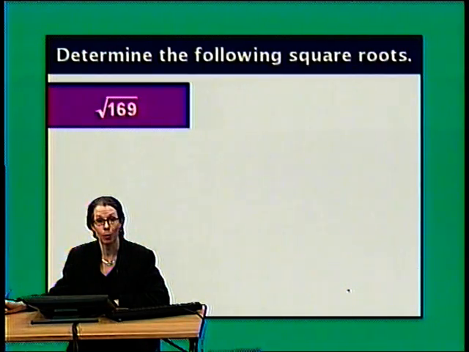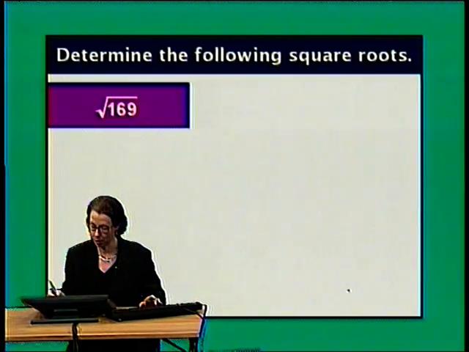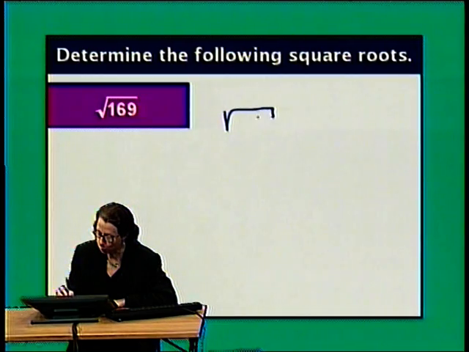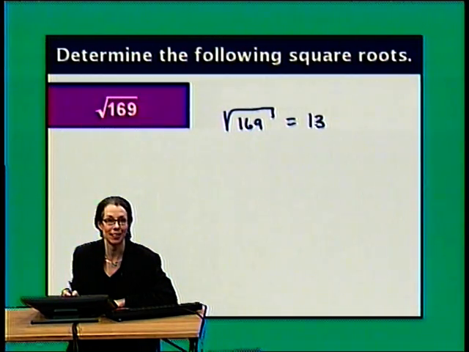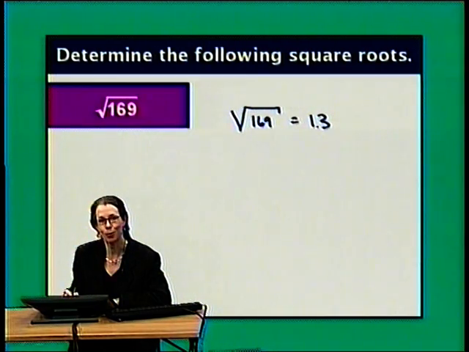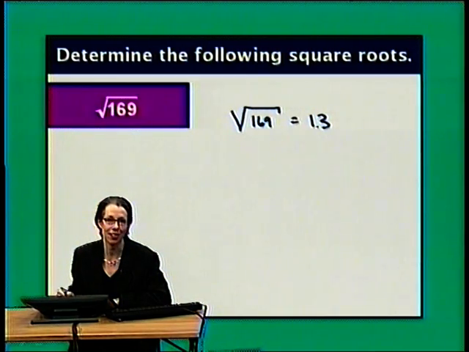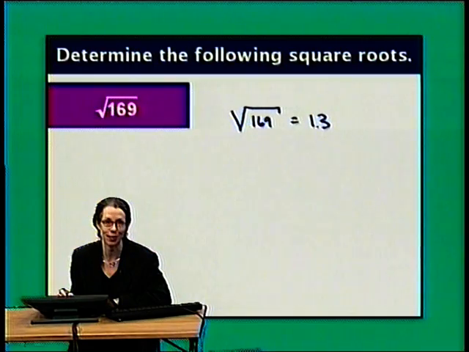To do this problem, I need to ask myself, what non-negative number do I square to get 169? Well, since I know a lot of my perfect squares, I know that 13 squared equals 169. So the square root of 169 is 13. So as you're working through the problems that go with this lesson, it really helps to know some perfect squares.